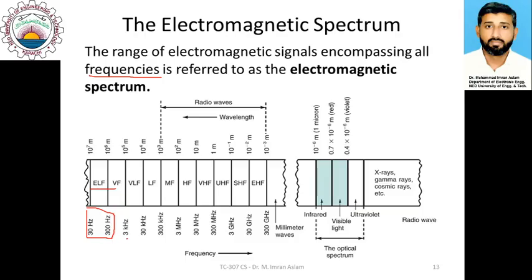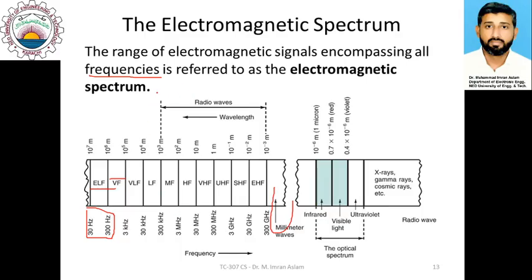The 300 hertz to 3 kilohertz band is named as very low frequencies, and so on, low frequencies, and we move forward to millimeter waves and infrared and ultraviolet frequencies.